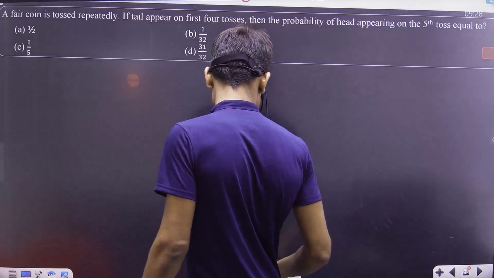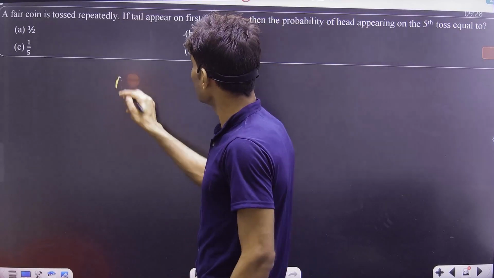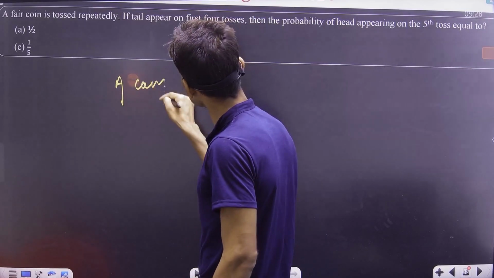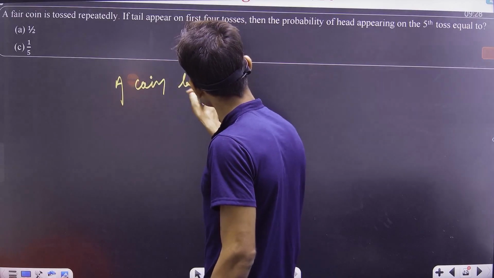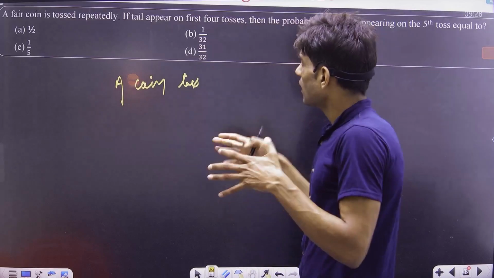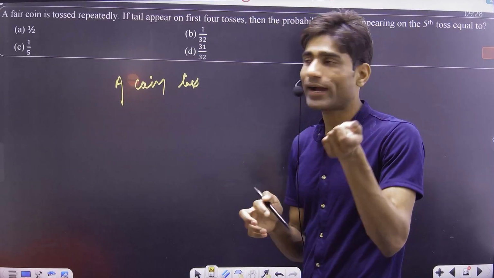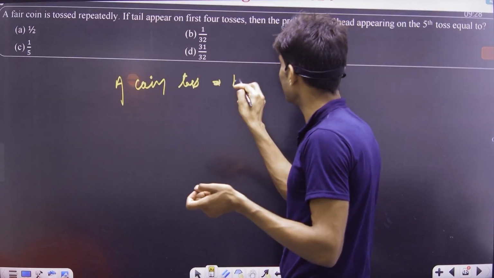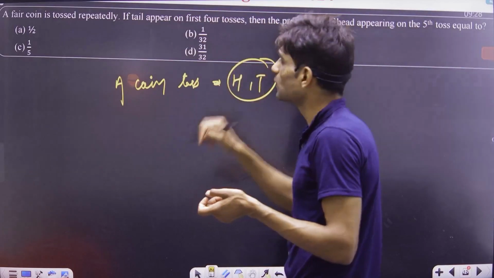Let me just take this one. A coin toss, okay. If a single coin is tossed, then we get either a head or a tail. Only one of the options is possible.